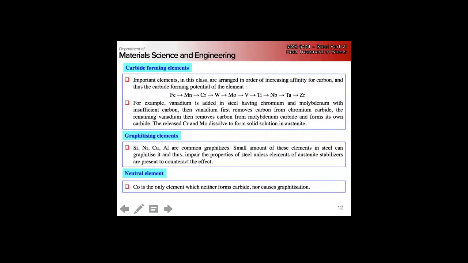Then we basically have vanadium carbides in our alloy, and chromium and molybdenum will dissolve back in to form a solid solution in the austenite phase.